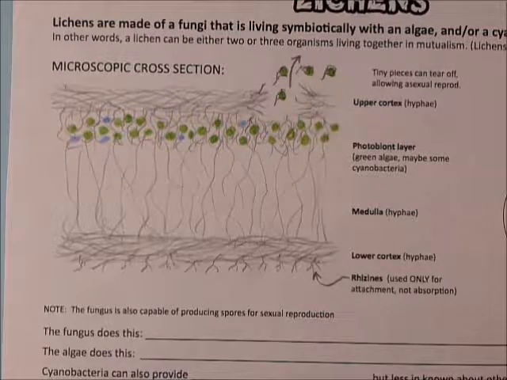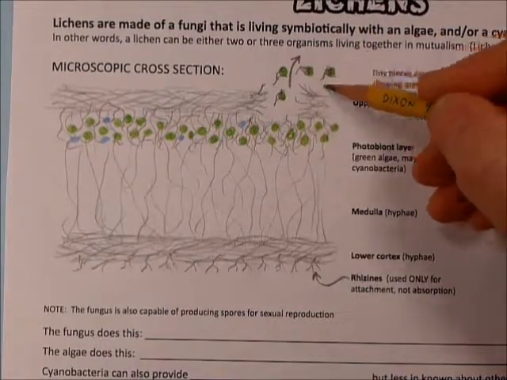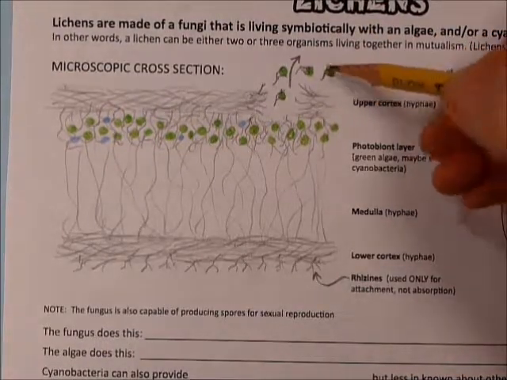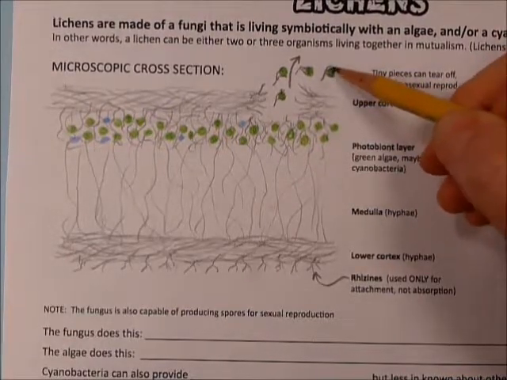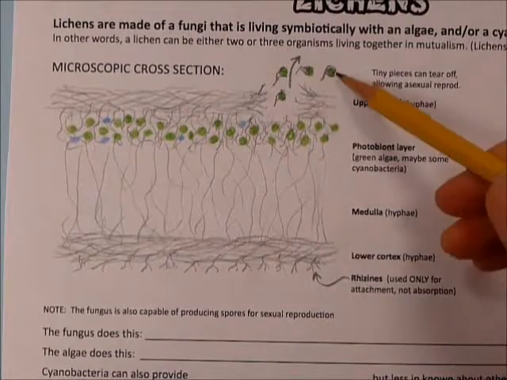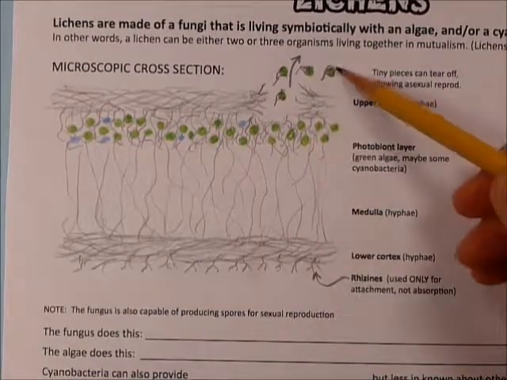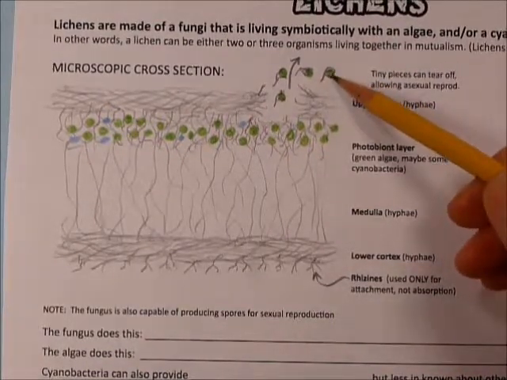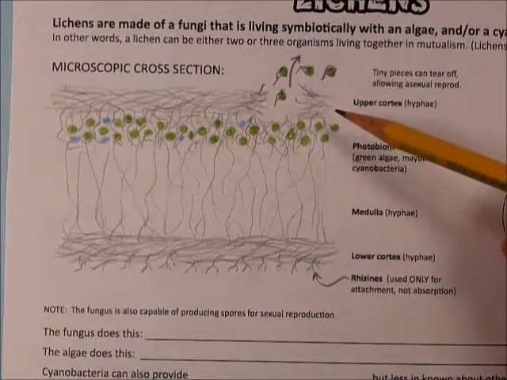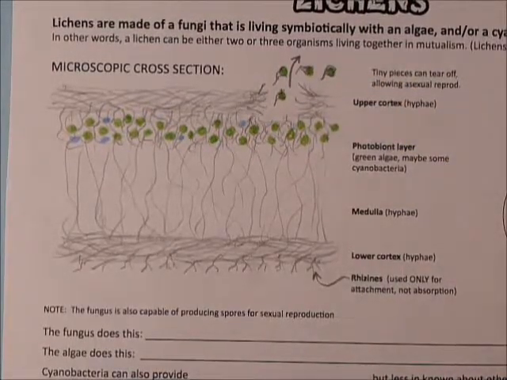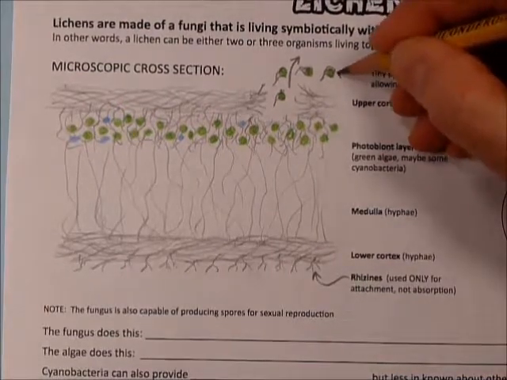First there's 1, then there's 2, then there's 4, 8, 16, 32, etc. So each one of these little pieces floating off, a little tiny section of fungal hyphae and its little algae, can go land somewhere, and then just these few cells are capable of growing into an entire new lichen. So that would be the asexual reproduction.